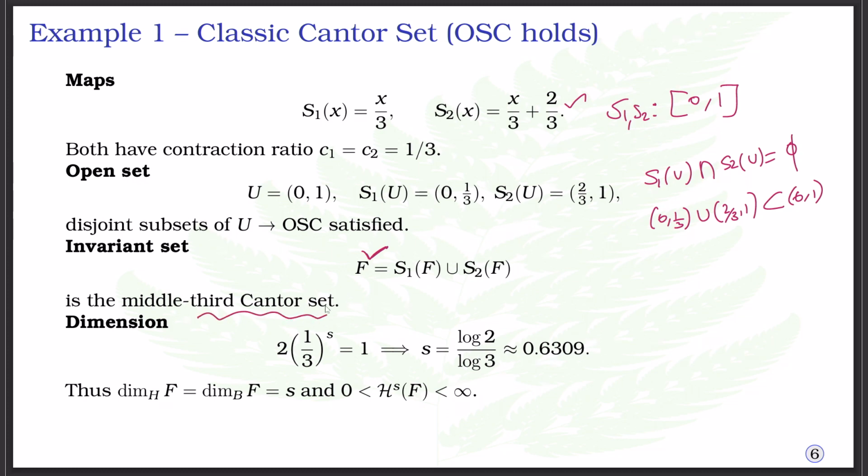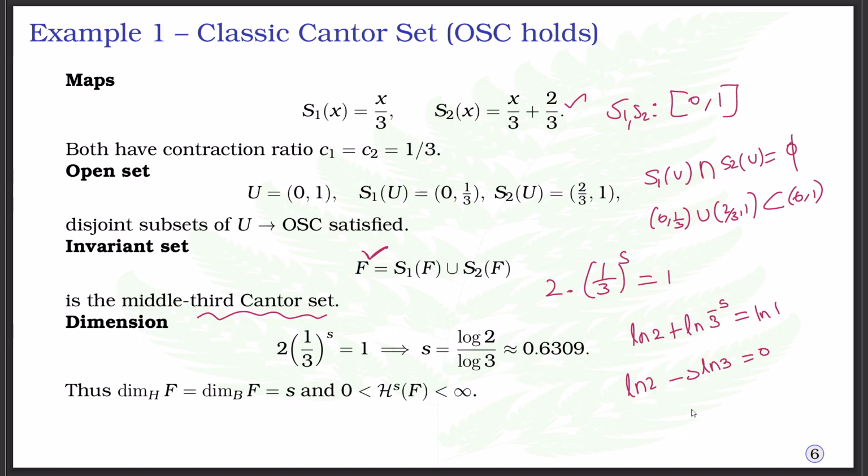So, if you want to find the box counting dimension or the Hausdorff dimension, we need to solve this equation which we already discussed: 2 copies of an interval of length 1 by 3, to the power s, equal to 1. Taking ln, we get ln 2 plus ln of 3 to the power minus s equal to 0, so ln 2 minus s ln 3 equals 0.